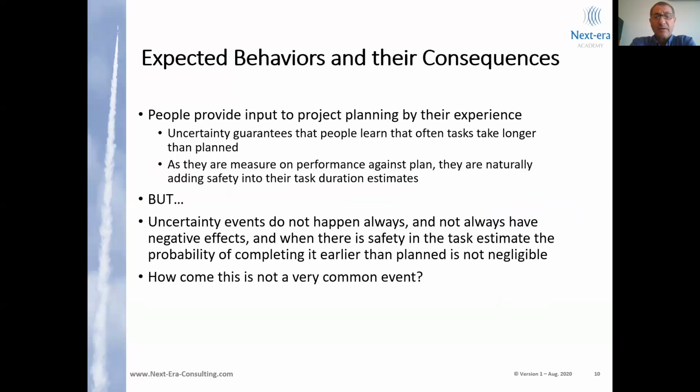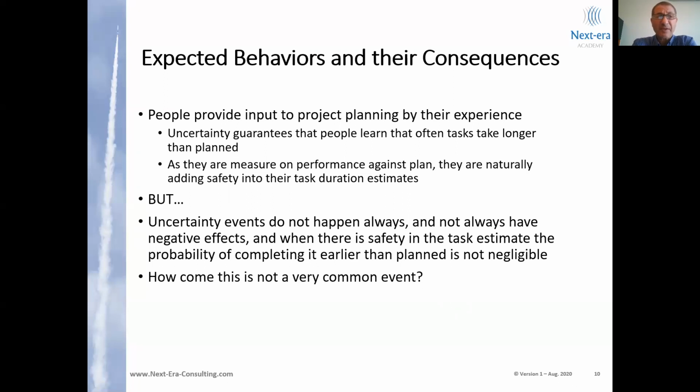So it starts with the fact that when a project is being planned, the resources or the resource managers are asked to provide their estimated duration for every task. Experienced people know that it is a common event that tasks cannot be executed as planned. They take longer than planned, and they are measured on task execution duration.